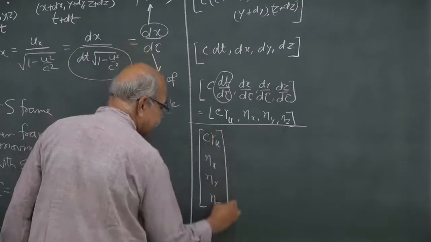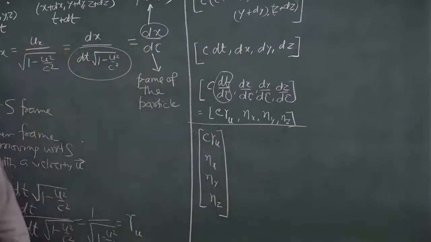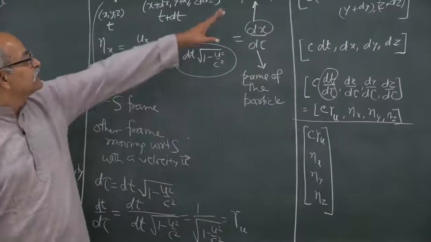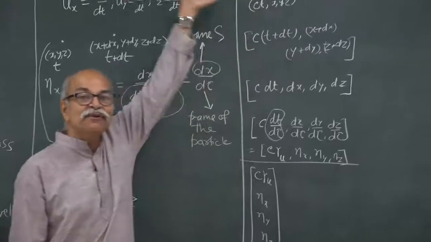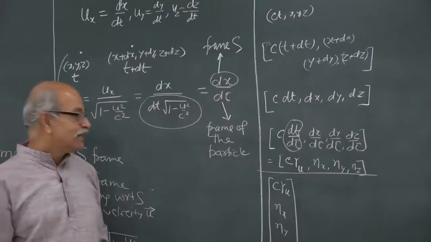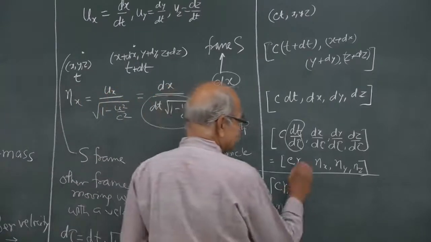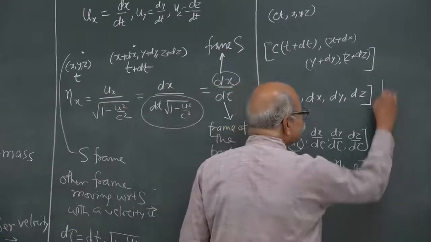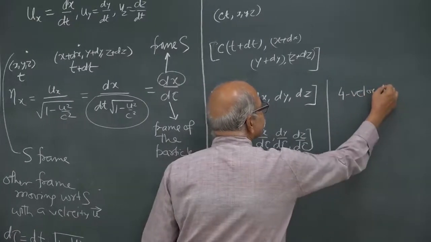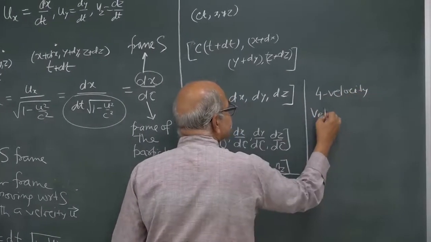This is a 4 vector, it will transform like ct, x, y, z, with the same Lorentz transformation, and this vector is known as the 4 velocity, or velocity 4 vector.